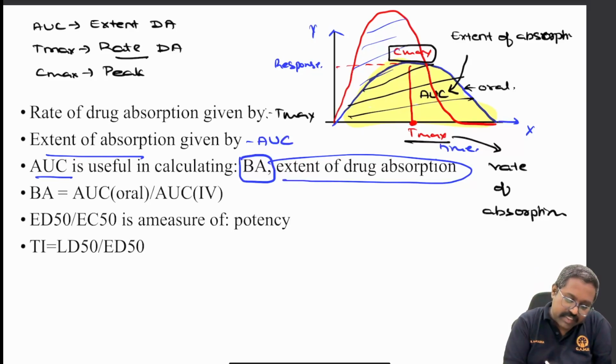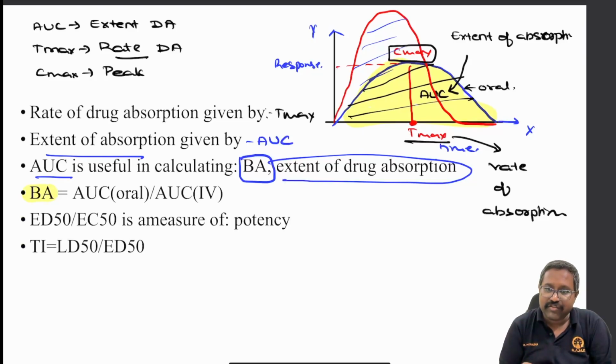So how to represent the bioavailability? Again, this is one of the very important questions. Bioavailability is the fraction of drug that reaches the systemic circulation. Whenever you administer a drug, the fraction of drug that enters the systemic circulation in an unchanged form is called bioavailability. Is it clear? Bioavailability.